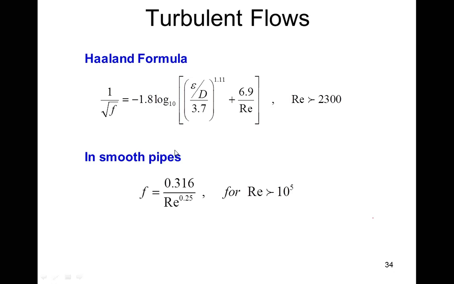For those cases, the friction factor is calculated by f equals 0.316 Re to the power 0.25, and this is for Re greater than 10 to the power 5. Okay.